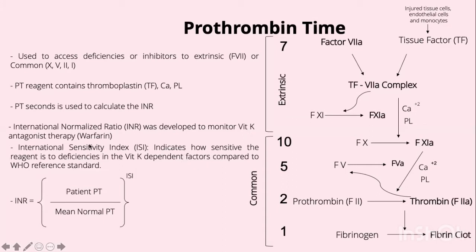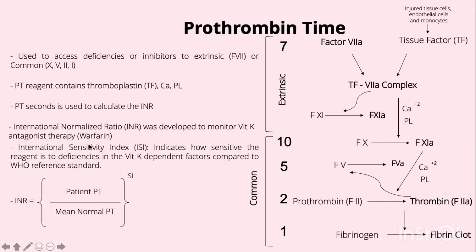We have another term we need to memorize, the ISI, which is the International Sensitivity Index. It indicates how sensitive the reagent is to deficiencies in vitamin K dependent factors compared to the WHO reference standard.